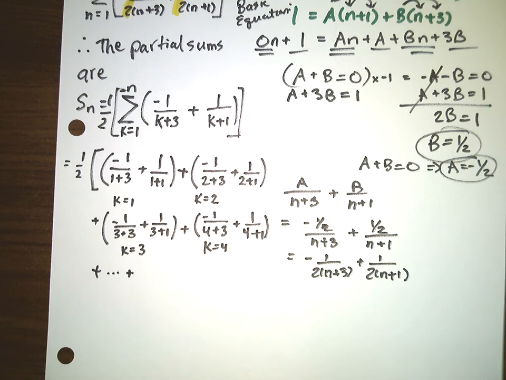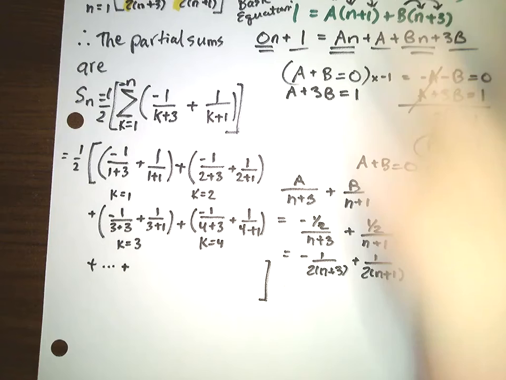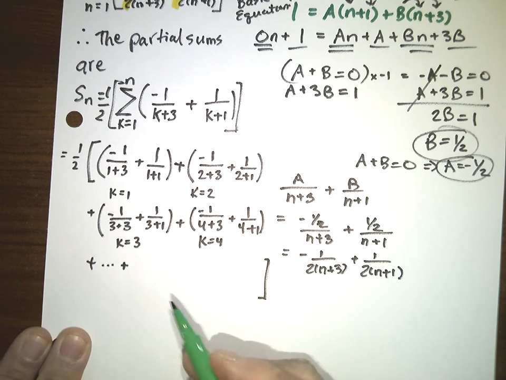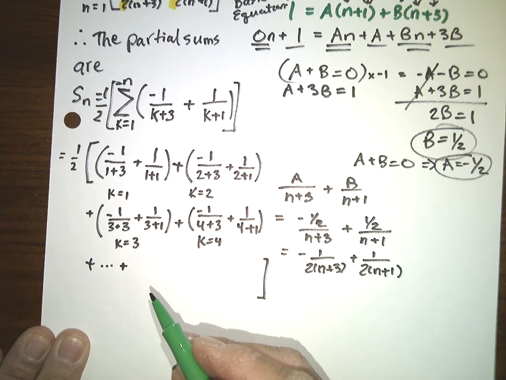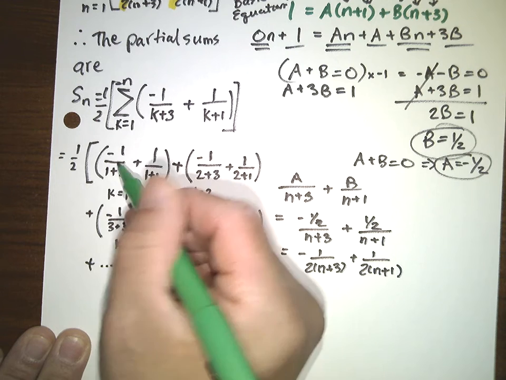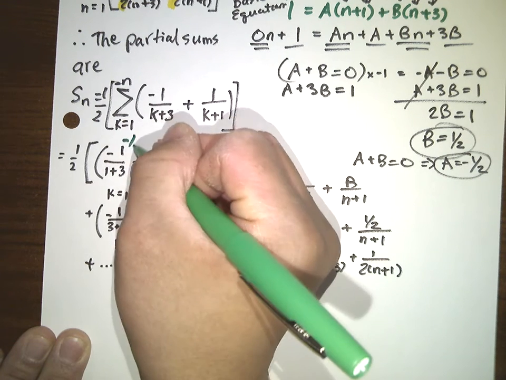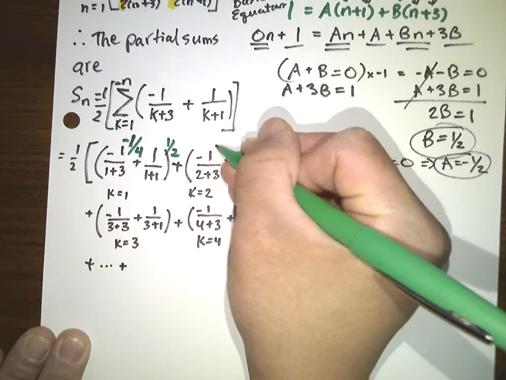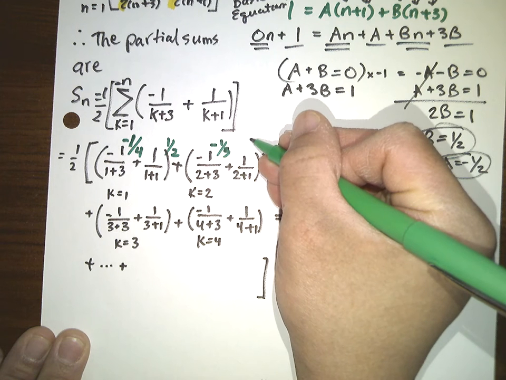So let me just make it clear: what can you see here? Well, here I have a negative 1/4, right? And this is 1/2, and this is negative 1/5, but this is actually, what is that going to be?